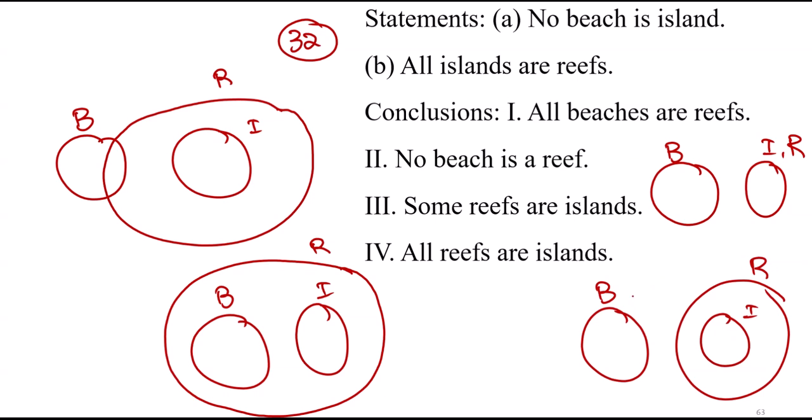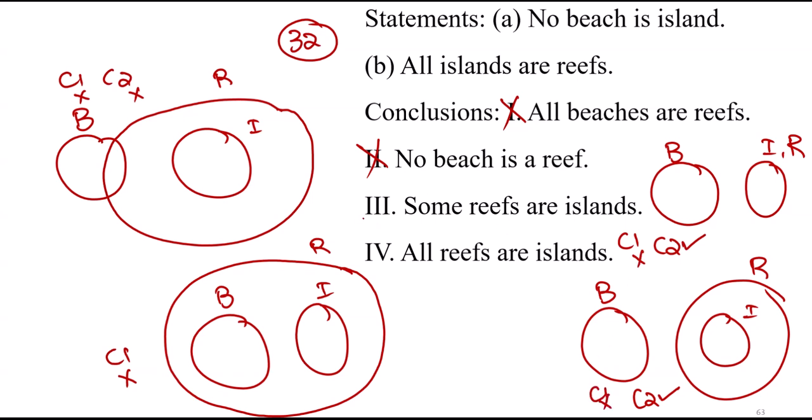All beaches are reefs: not true in all diagrams. Here, the first one failed. No beach is reef: see here, some beaches are reefs. So the first one failed, and the second one, both failed. When both fail in one diagram, throw it out. Yes, no beach is reef is true here, second one true in this, I agree, but the first one failed.